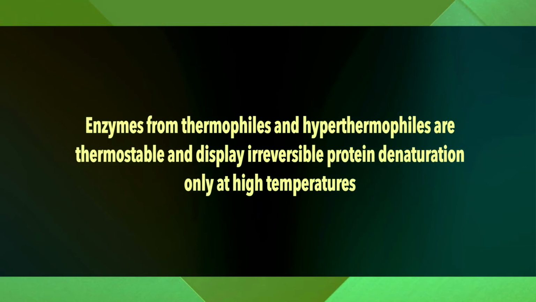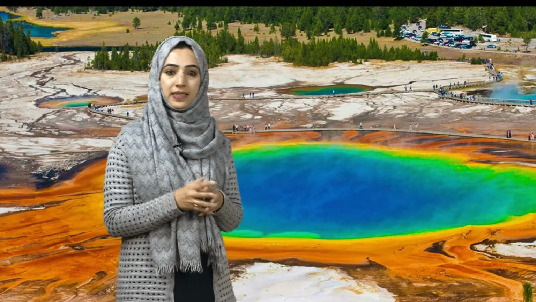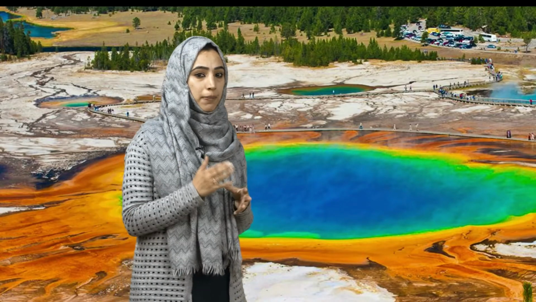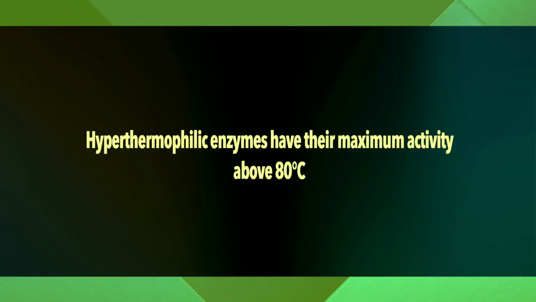Enzymes from thermophiles and hyperthermophiles are thermostable and display irreversible protein denaturation only at high temperatures. Extreme thermozymes are enzymes that have their maximum activity above 60 degrees, and hyperthermophilic enzymes have their maximum activity above 80 degrees.